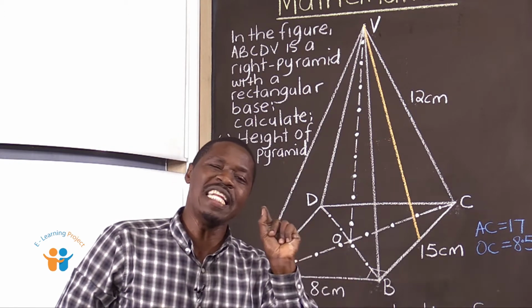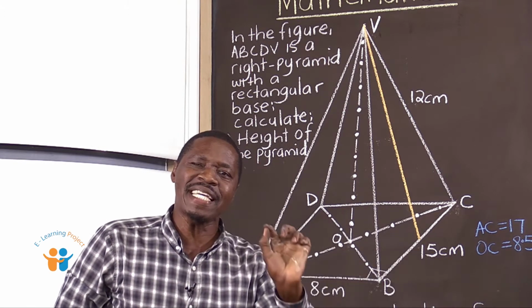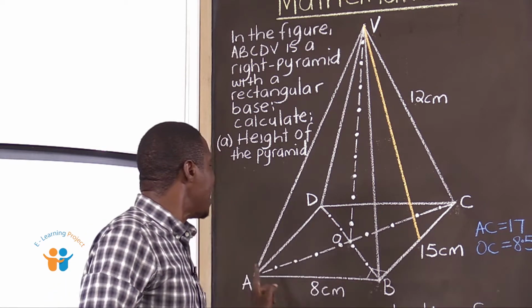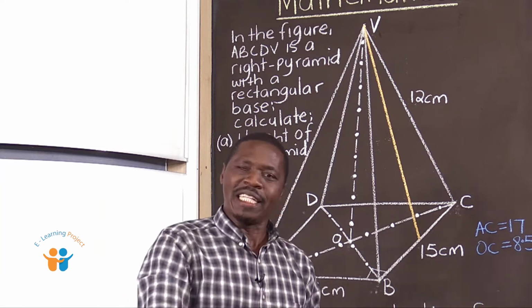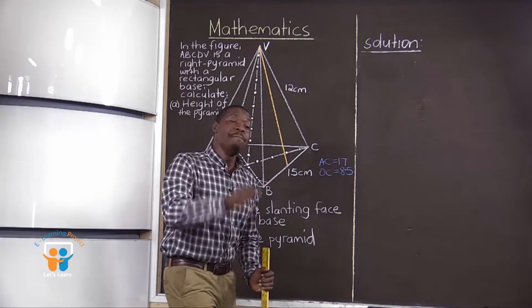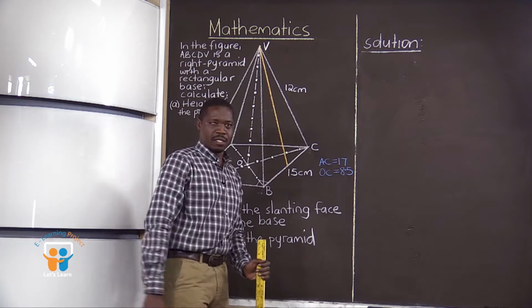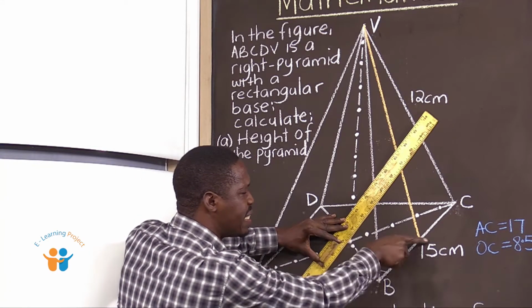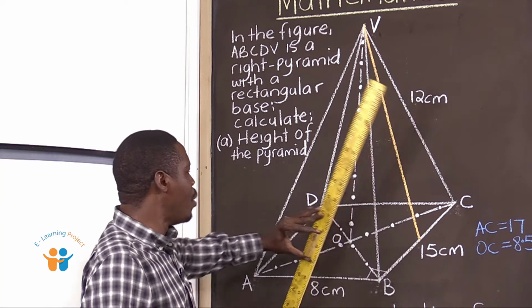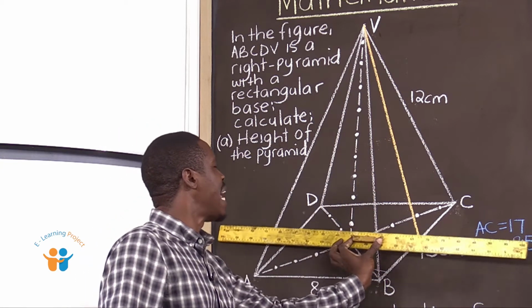But again, we also need to draw a perpendicular bisector dividing the plane ABCD. We have to make sure that those two perpendicular bisectors meet at a certain point. I will not draw the perpendicular bisector like this because it will not meet with the first one. I will instead draw it like this.